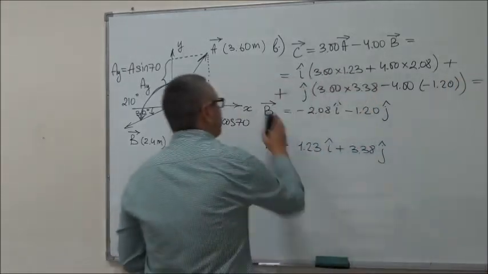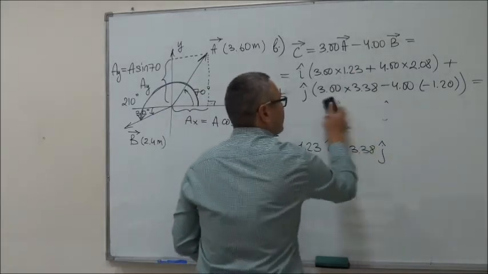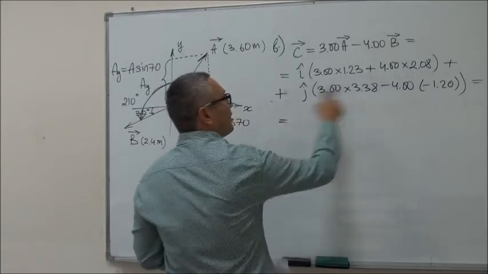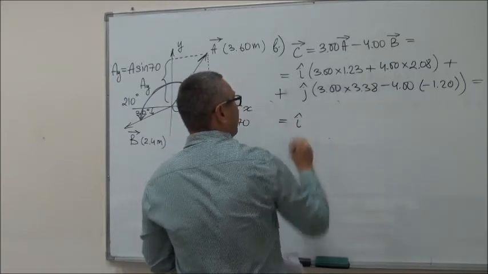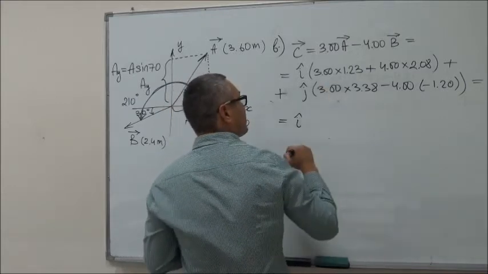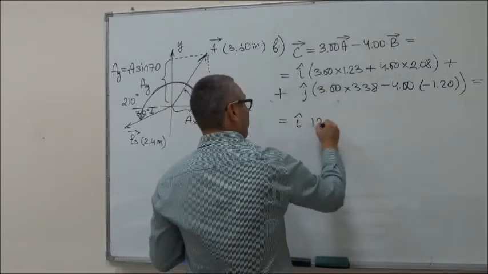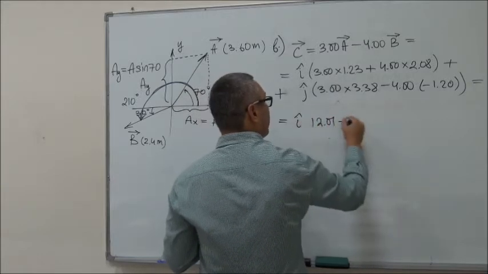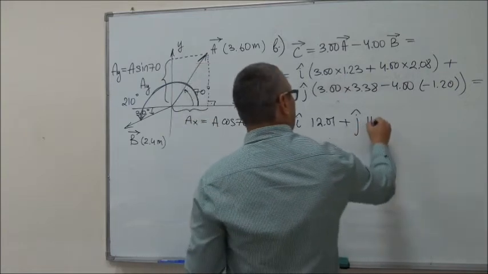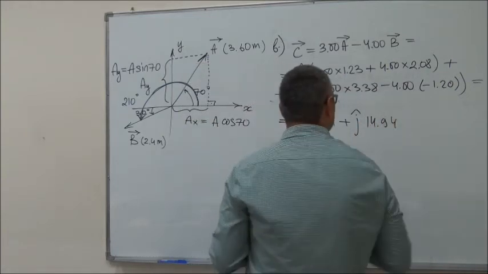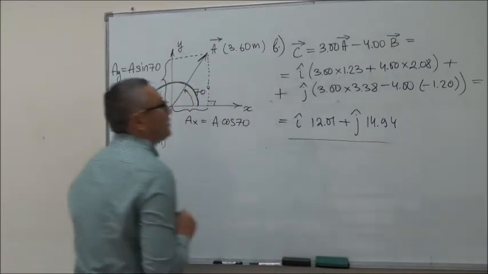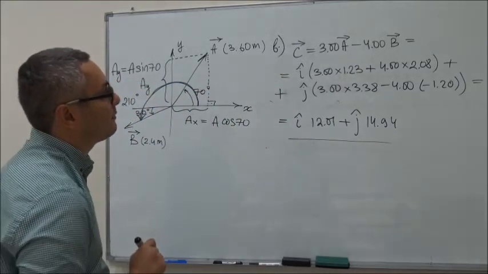If you then combine this using your calculator, you can get that the x component is equal to 12.01 I plus J, and the y component is equal to 14.94. Okay, so this is the I and J representation of the C vector.